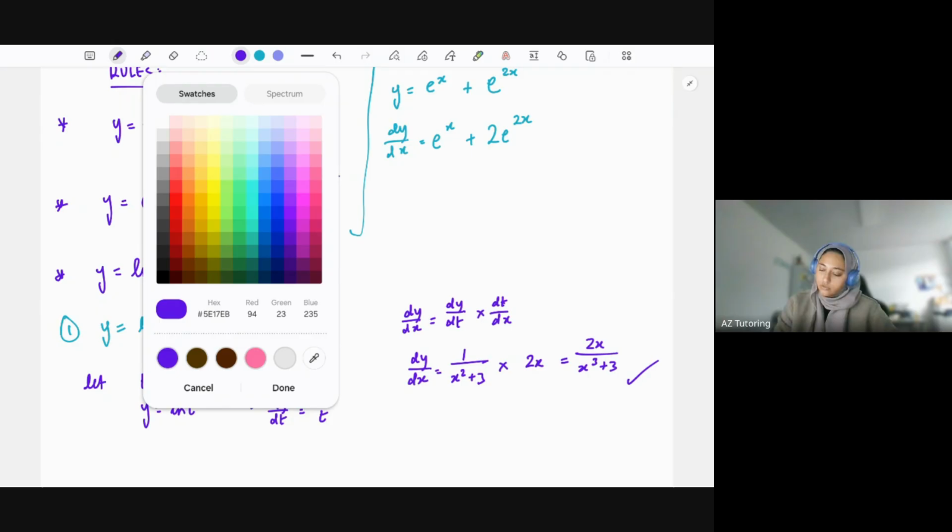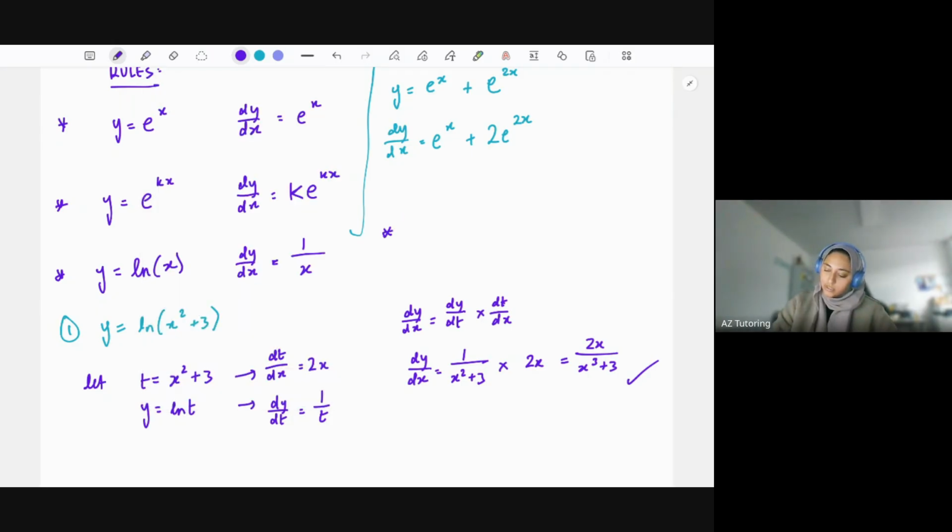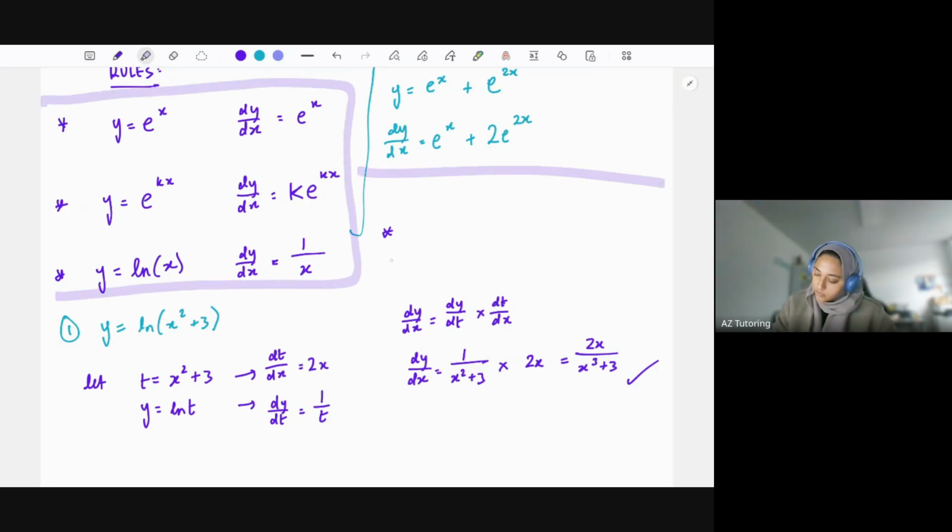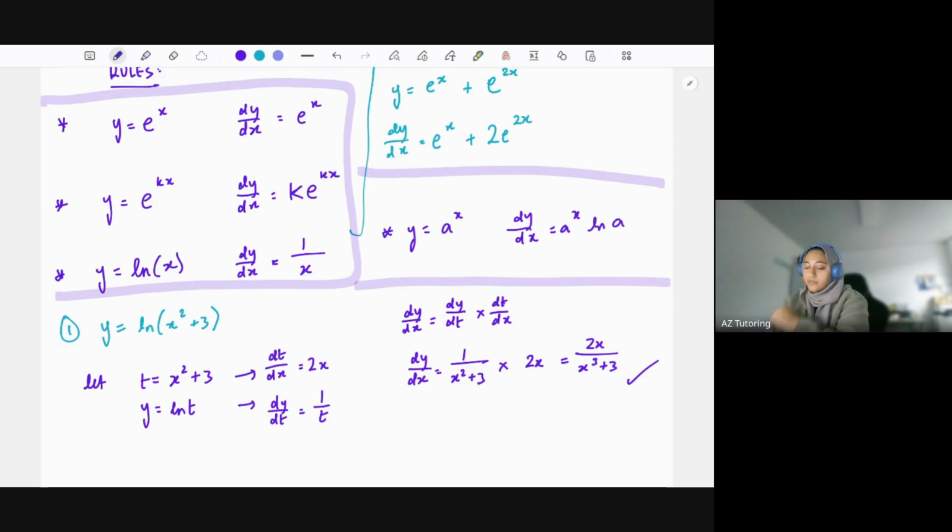Okay, and there's one other rule that you need to know about as well. I'll just write it up here, and I'll box them as well. If you have y equals a to the power of x, where a is just some number, then dy over dx equals a to the power of x times log a.